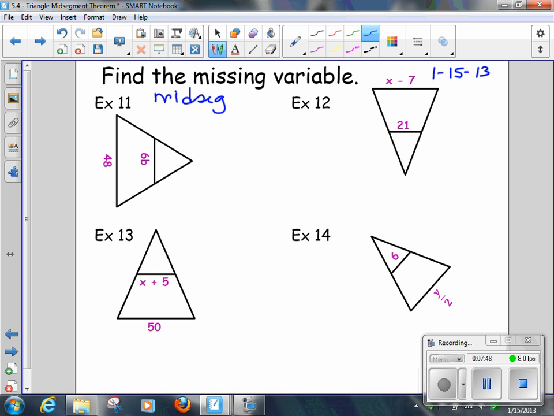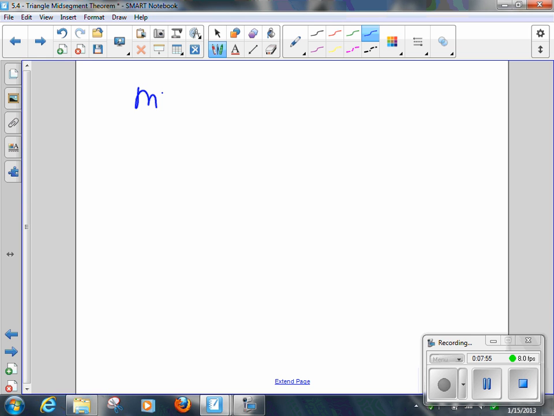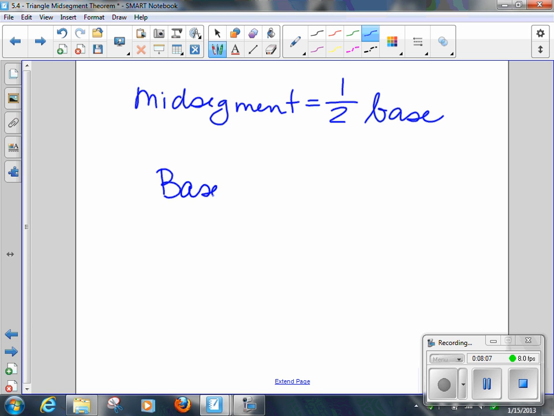The mid-segment is equal to 1/2 the base. We could turn that around and we could say that the base is equal to 2 times the what? The mid-segment. We can turn that around.